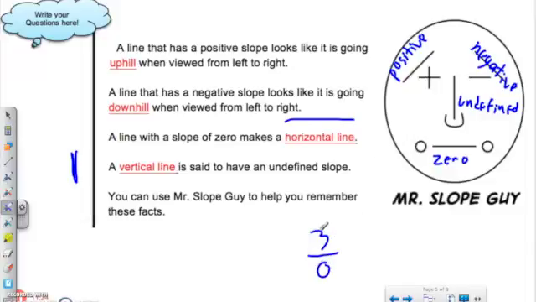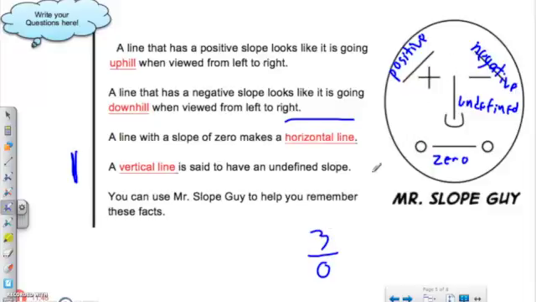So that would give us a number that looked like this, 3 over 0, because we don't go left and right. Now, one of the cardinal sins of math is dividing by 0. We can't divide by 0. If you type that into a calculator, you're going to get a divide by 0 error or a syntax error, depending on what brand it is. So because we cannot divide by 0, that is why that slope is called undefined.